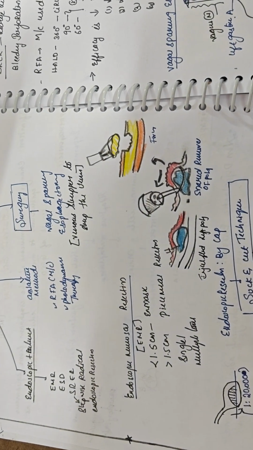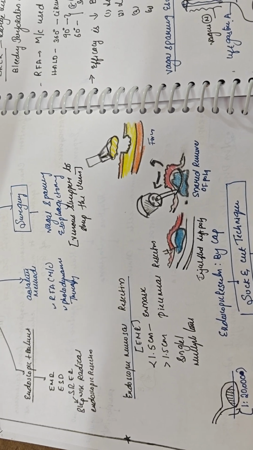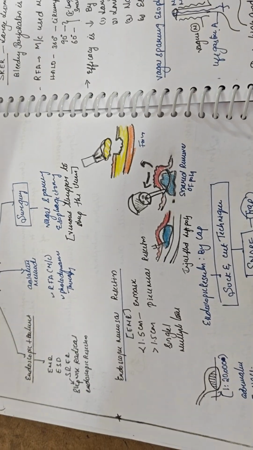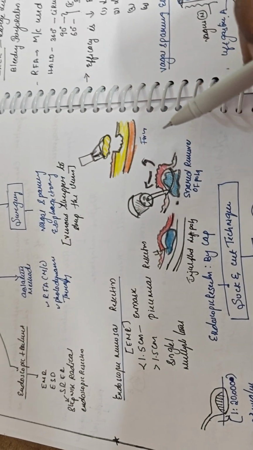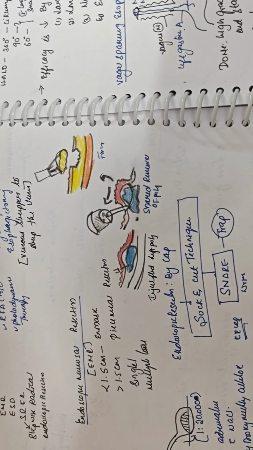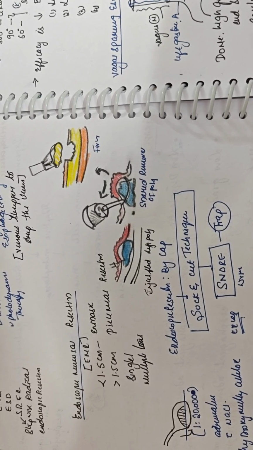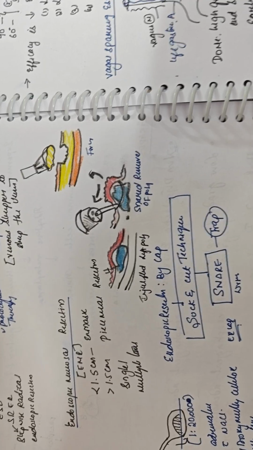The first point is endoscopic mucosal resection. What happens in endoscopic resection patients? If you look at this, this is a mass, a cancerous condition. If it is less than 1.5 centimeters, you resect it in one piece; if more than 1.5 centimeters, it is a piecemeal resection, done single or multiple times.